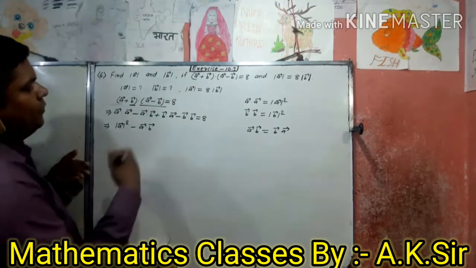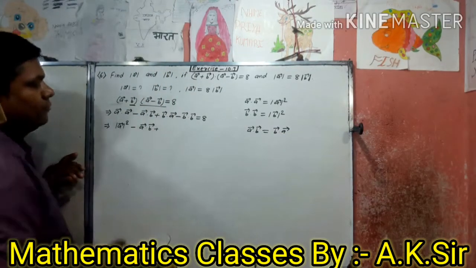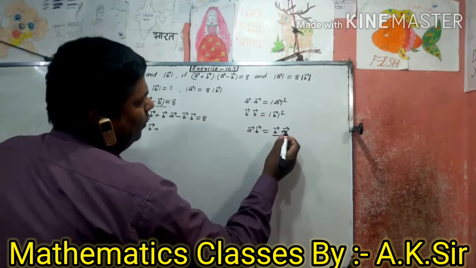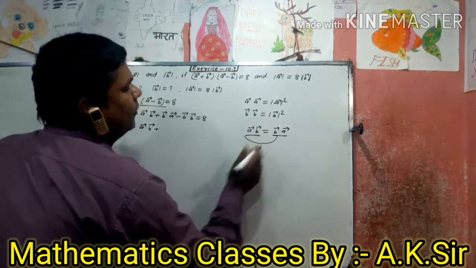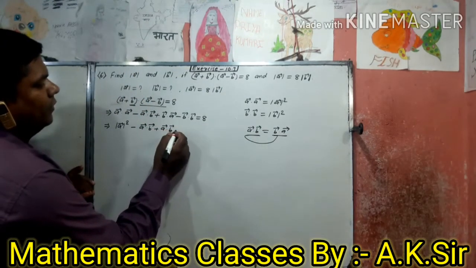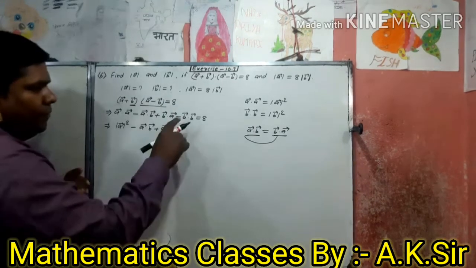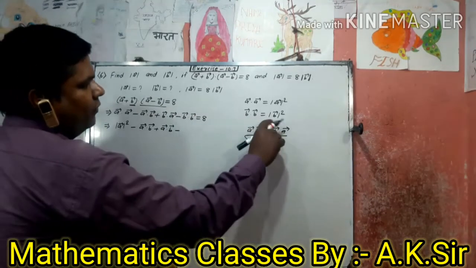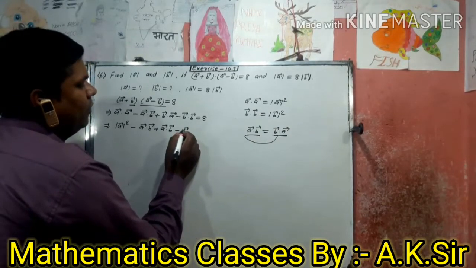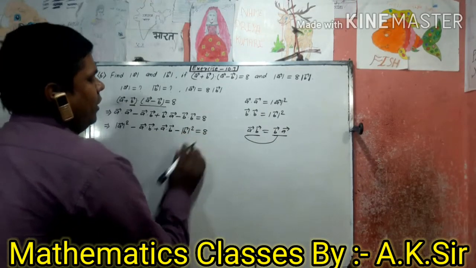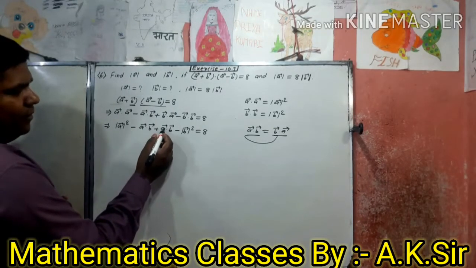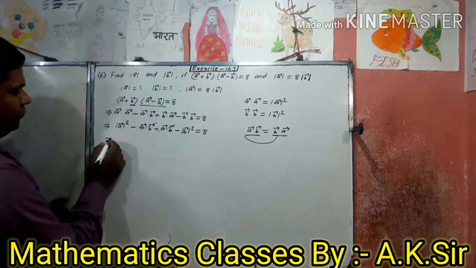It means we can write in the place of b vector dot a vector, a vector dot b vector, minus magnitude of b to the power 2 is equal to 8. Minus a vector dot b vector plus a vector dot b vector cancel.